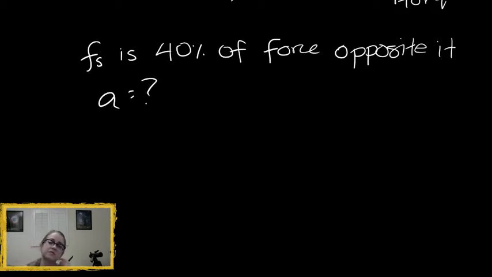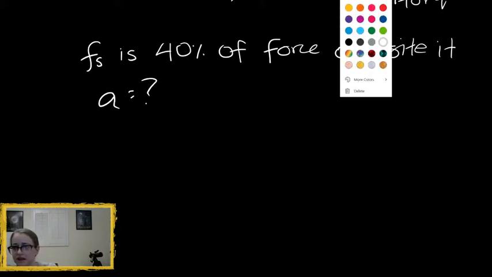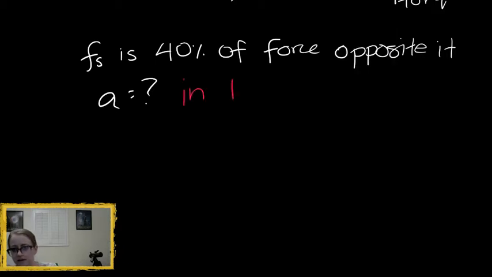And this is one of the most important parts of this, is it tells us some key terms. It says, in terms of. So in terms of means the variables we're allowed to have in our final answer. What variables are we allowed to have?